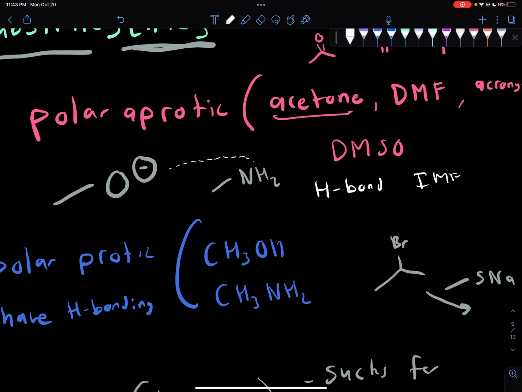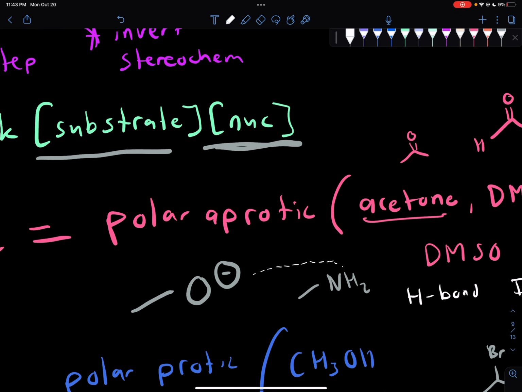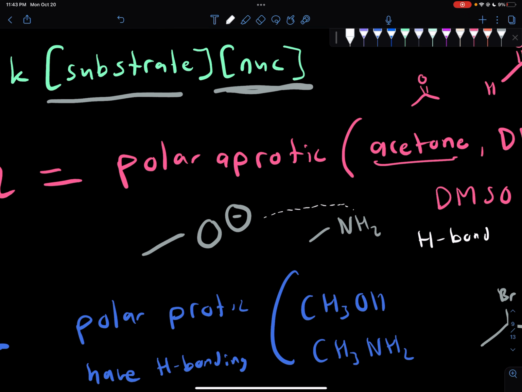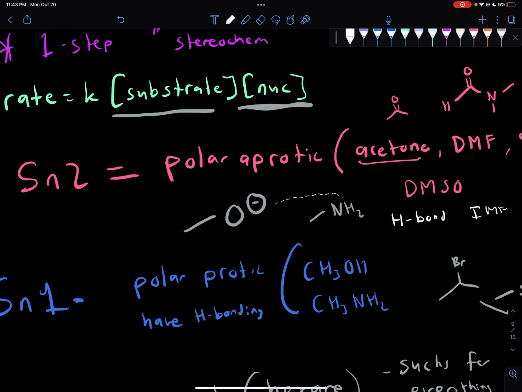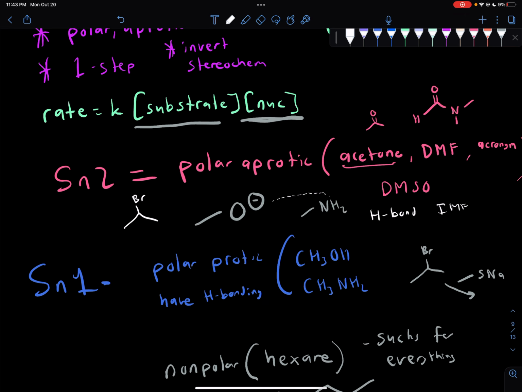So in this case, the H bonding is going to affect your nucleophile. And what do we say? Nucleophilicity impacts the rate of the SN2 reaction. So if I'm hindering my nucleophile, then I'm preventing it from reaching my electrophile, and it's going to slow down the rate. For that reason, we want something aprotic.